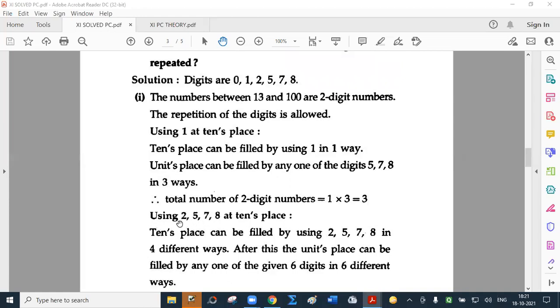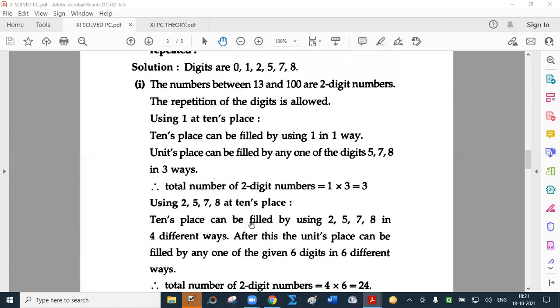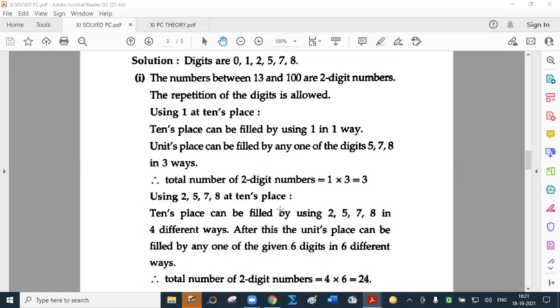Now the next part, using 2, 5, 7, 8 at tens place. Tens place can be filled by using 2, 5, 7, 8 in 4 different ways. After this, the units place can be filled by any one of the 6 digits in 6 different ways. So total number of 2-digit numbers equal to 4 into 6 equal to 24.